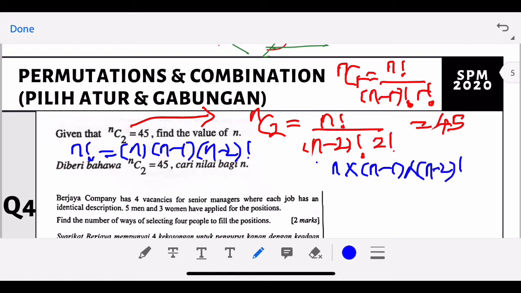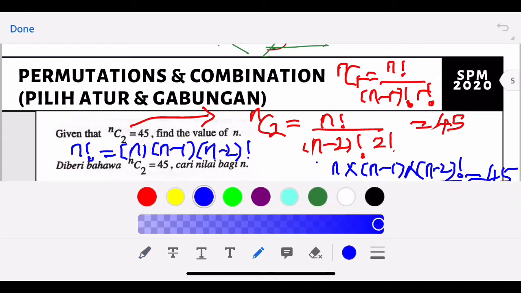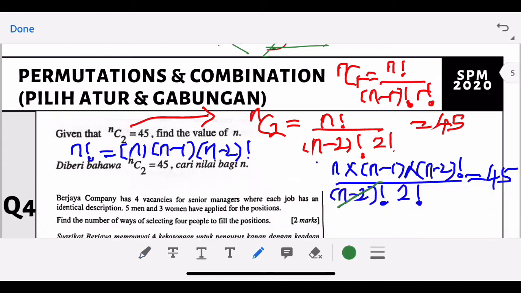Then I'm going to cancel the factorial for (n minus 2) up and down, over (n minus 2) factorial times 2 factorial, equal to 45. So the equation looks much simpler, and now we can expand and simplify.